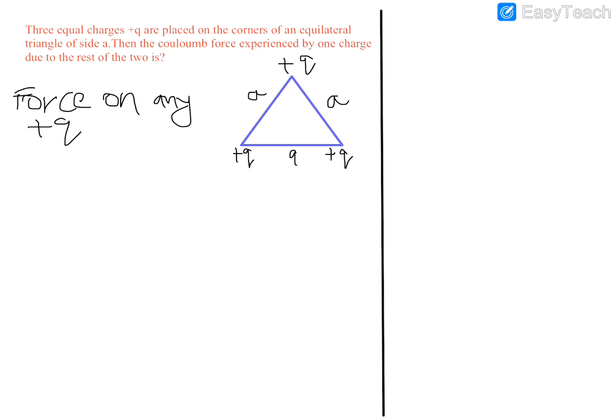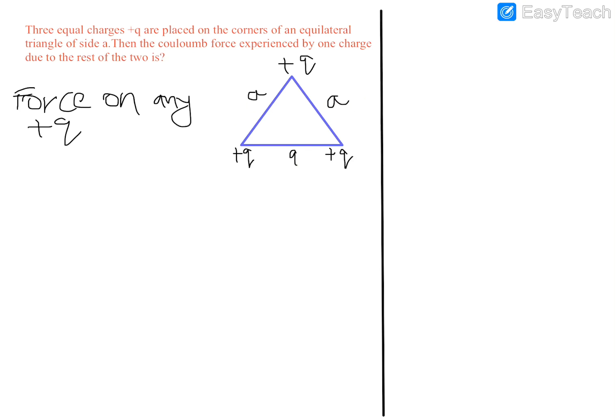And now you can see this positive q is separated from the other positive q on the first side by a distance a, and this positive q is separated from the second positive q on the other side of the triangle by a distance again a, because it is an equilateral triangle.